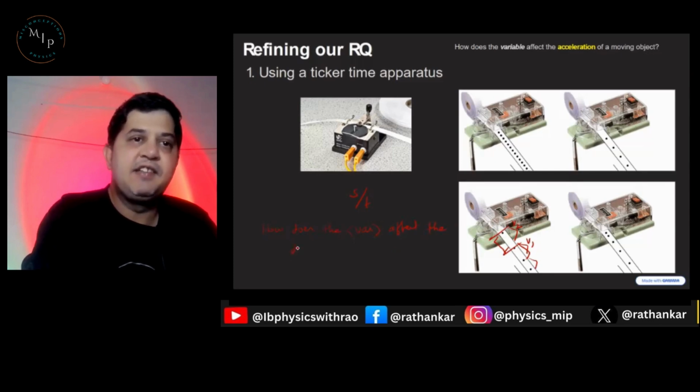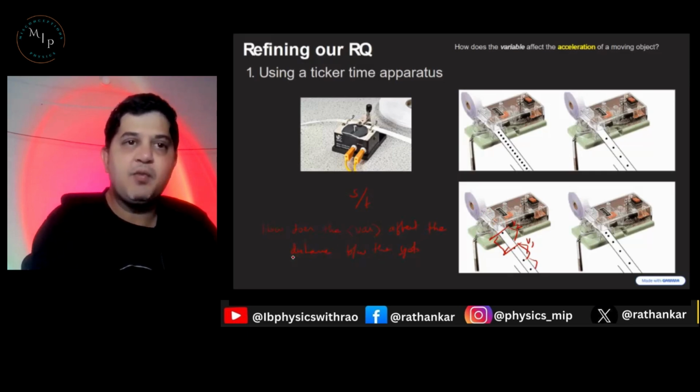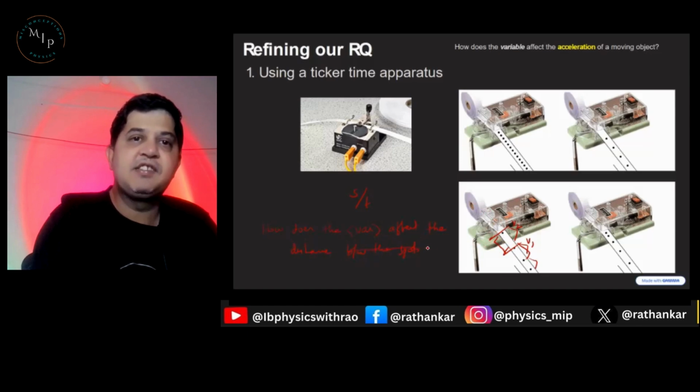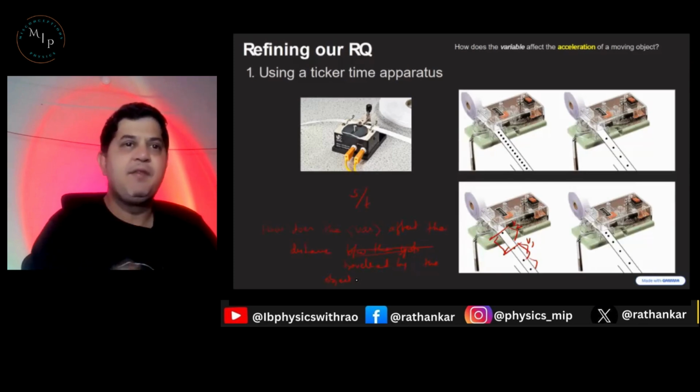You can write it with respect to emission, or if you do not want to be very specific over here, you can say affect the distance traveled by the object. You can put this also, no worries. You can do it like this also. Okay, we have got one idea.